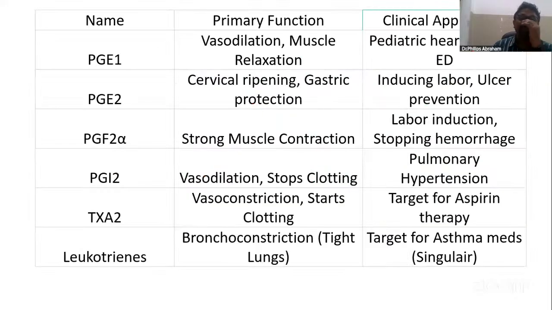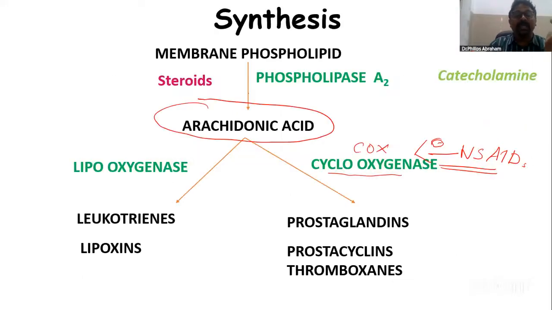Generally, some of them can cause smooth muscle relaxation. Some of them cause smooth muscle contraction. And for the contraction you need calcium. So for them the second messenger is IP3, phosphatidylinositol, diacylglycerol, then calcium, thereby muscle contraction.